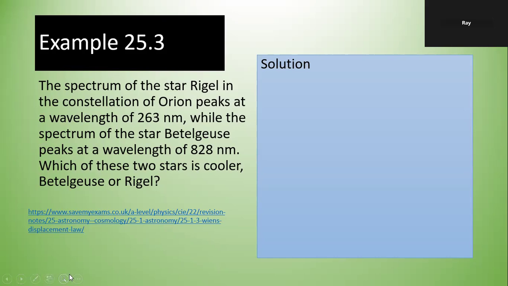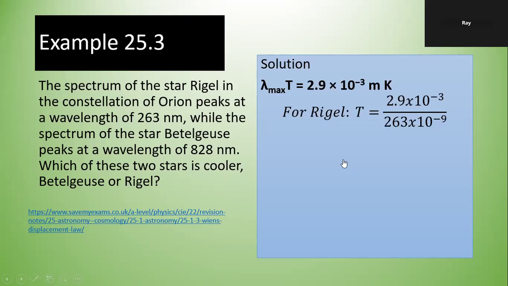If they want you to calculate, they will ask you to calculate. But for this one you can look at the wavelength. The cooler one has lower temperature, over 828. But I think this one they want you to calculate, using this formula.